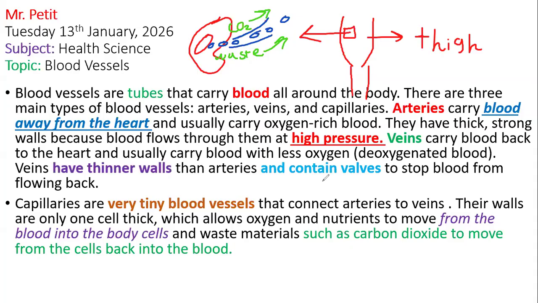That's what this is trying to say here. It says, which allows nutrients and oxygen to move from the blood into the cells. So that's what the capillaries are there for: take the blood, bring it to the cells, which is going to give it nutrients and oxygen. And in turn, this is our cell, the cell has something else to give. The cell is going to give it carbon dioxide and waste, because the cell doesn't need that, all right? Does that make sense?